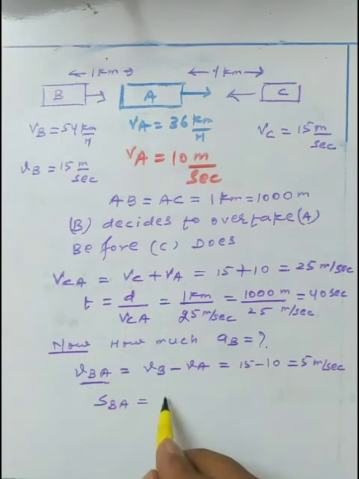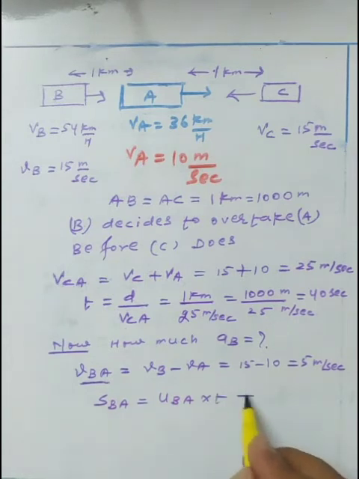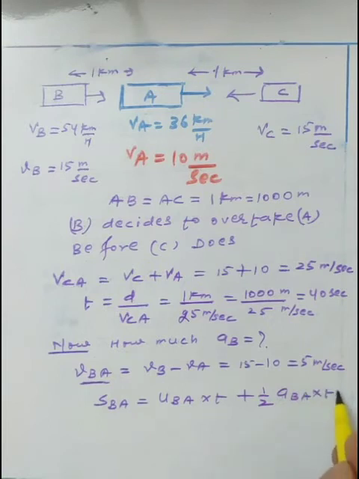S_BA is equal to the velocity of B with respect to A into time plus 1 upon 2 into the acceleration of B with respect to A into time squared. Putting in all the values, 1000 is equal to U_BA, that is 5, into time, 40 seconds, in which he should develop the acceleration.